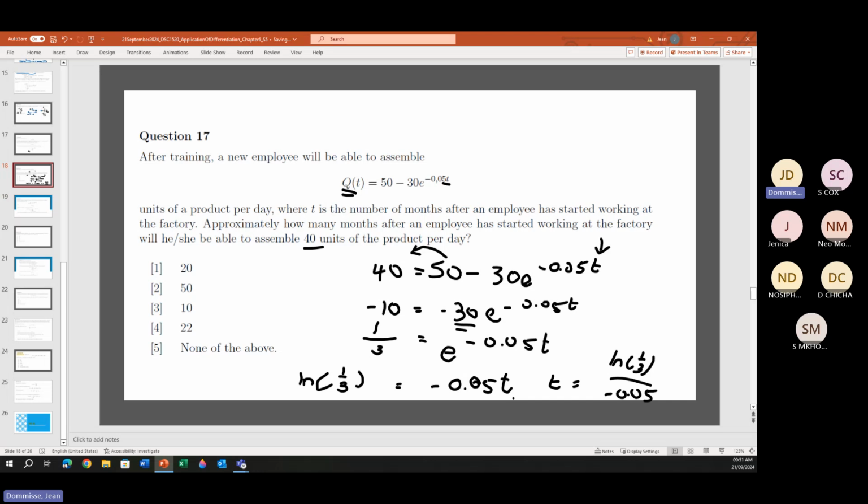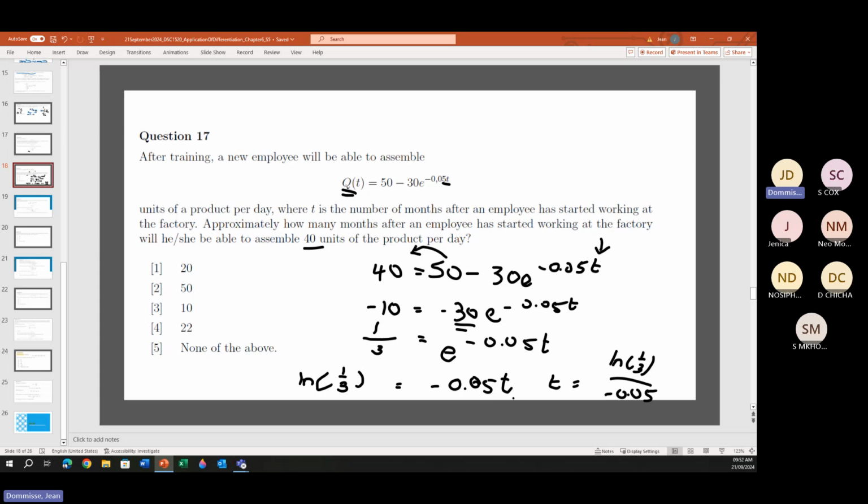Also, again, just a reminder, on your calculators, on mine, there's a ln, that's ln. Some of your calculators will have log. It is exactly the same thing.